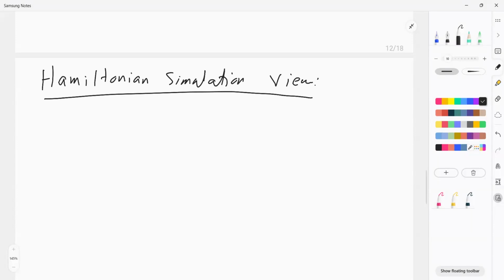And not only that, we can come up with new techniques of encoding data into our circuits using this Hamiltonian simulation view.